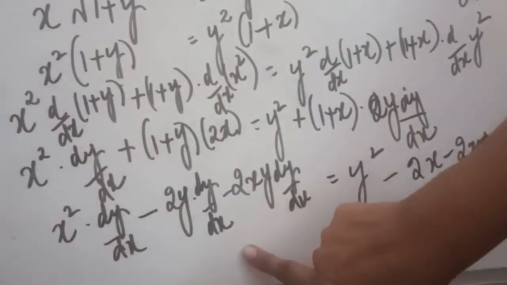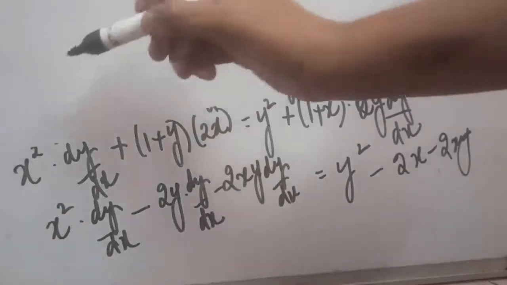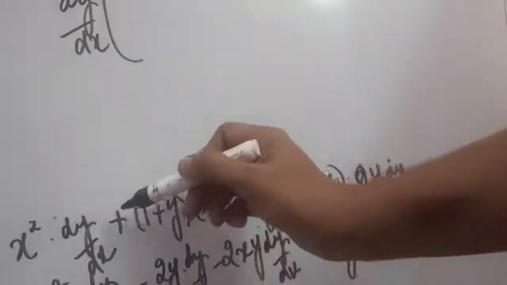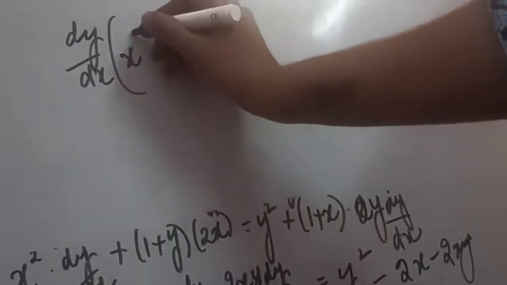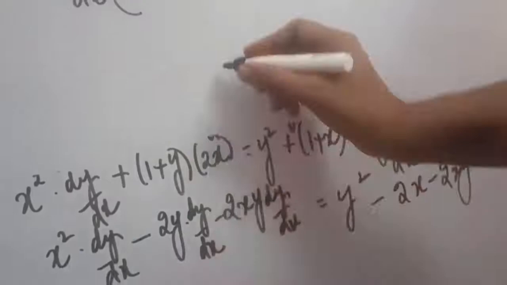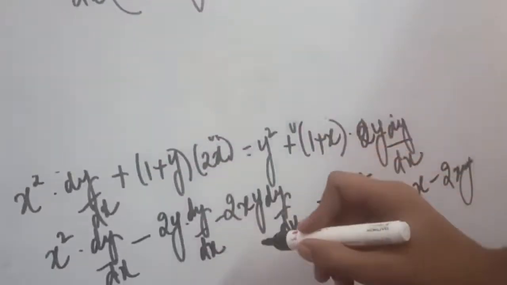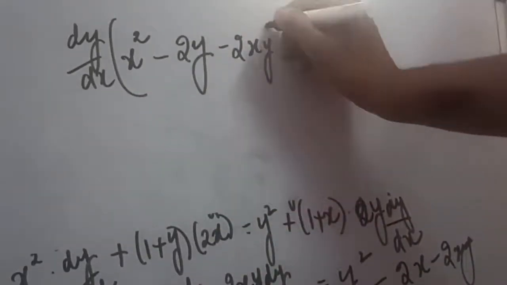Now on this side we can take dy upon dx common. On the left hand side, if I take dy upon dx common, in the first term you will get x square. Second, it will be minus 2y. In the third, it will be minus 2xy.